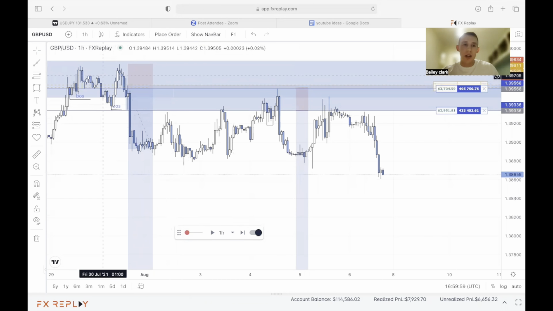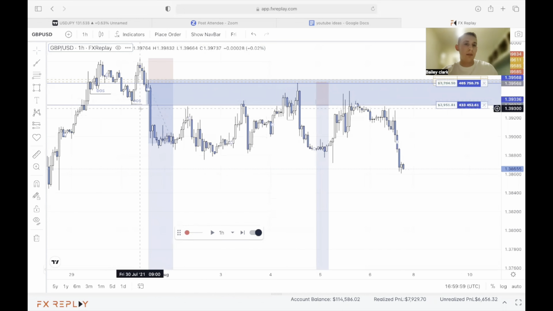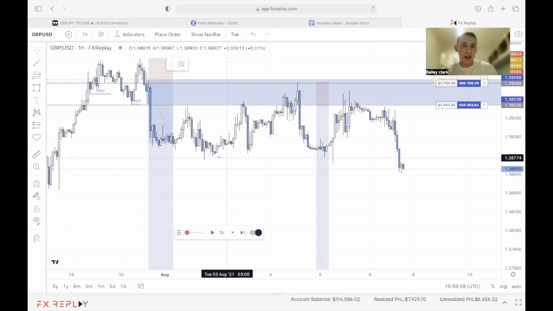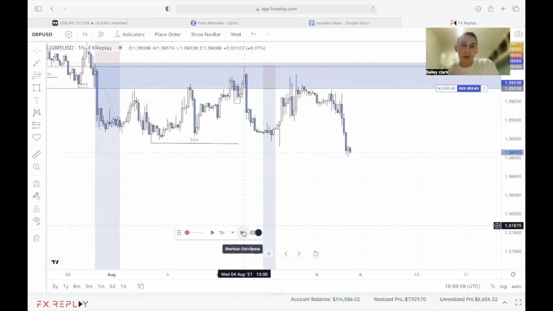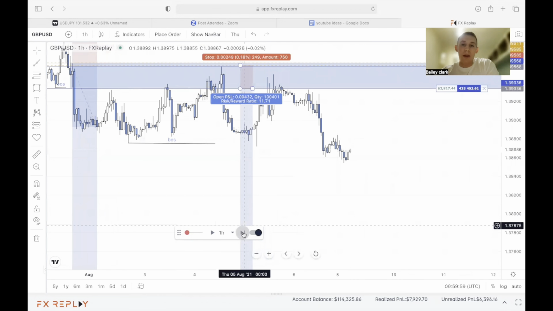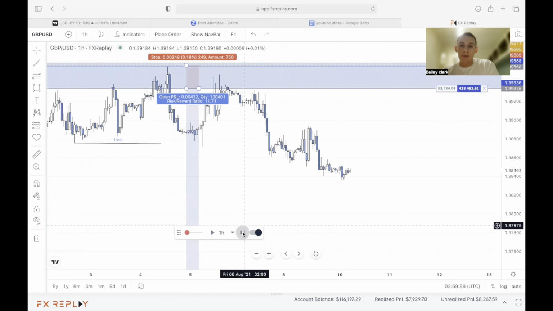Let's get rid of this actually. Okay, so break, break. We've now also had this break. Once again, I'd want to let price get quite a bit away from our current entries though for any more scalings.